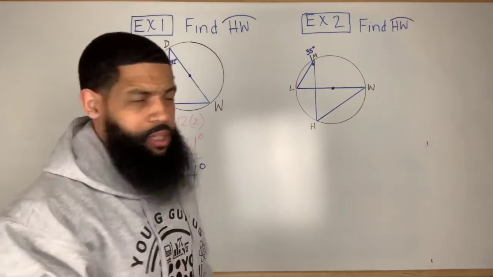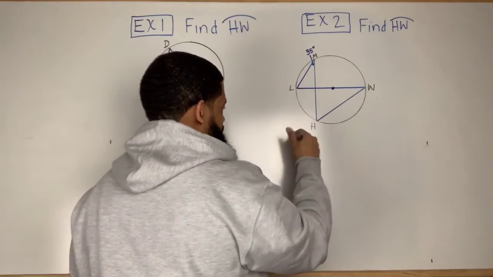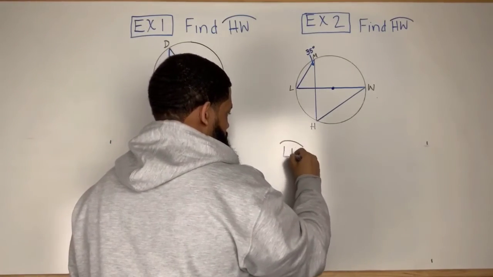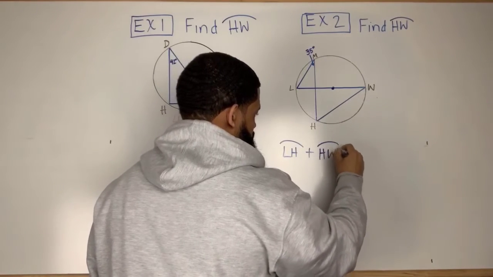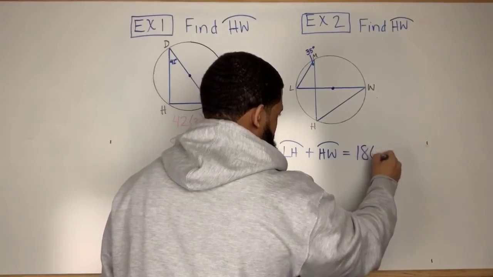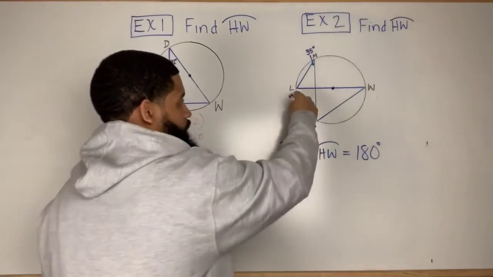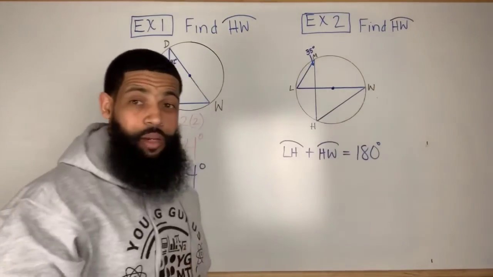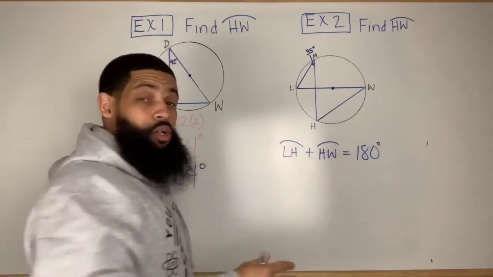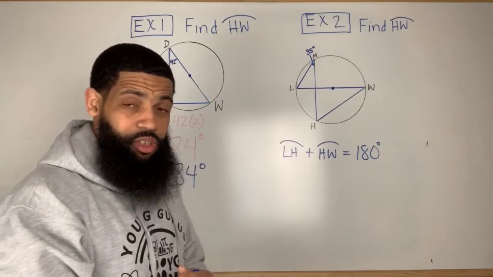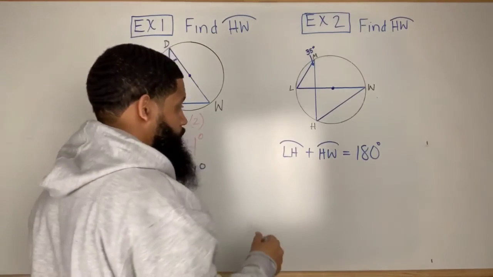So we can write an equation for this: arc LH plus arc HW is equal to 180 degrees. How do we know that? Because LW is a diameter, meaning it goes directly through the center of that circle. And if it goes through the center of that circle, half of that circle is 180 degrees.